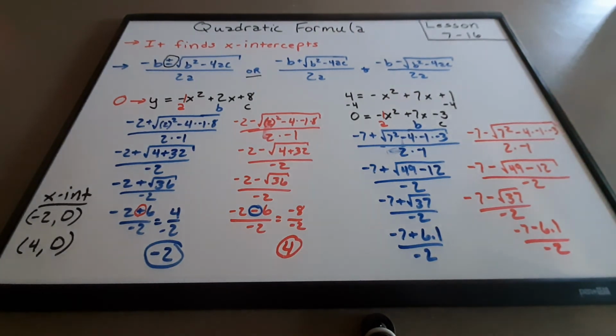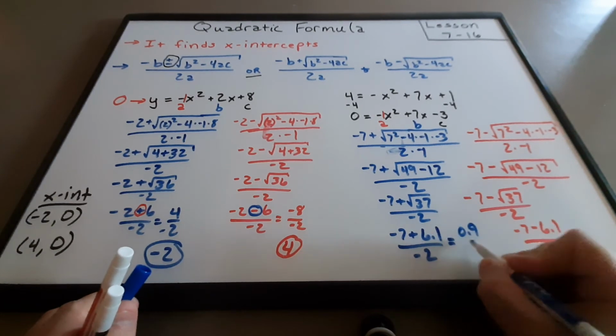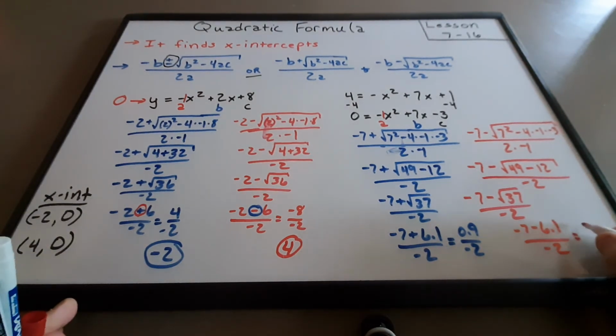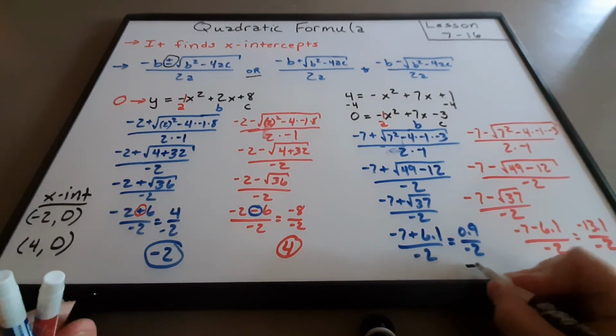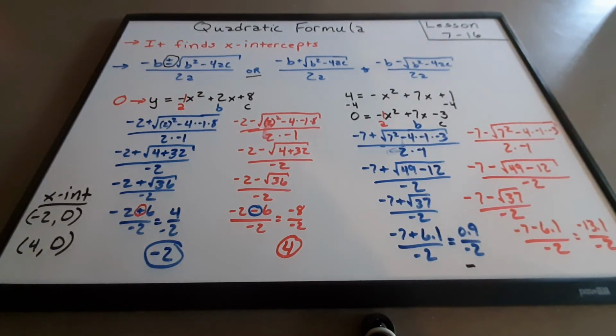This will create 0.9 over negative 2 and negative 13.1 over negative 2. Okay, so our final answers here end up being negative, or sorry, this would be a negative 0.9.